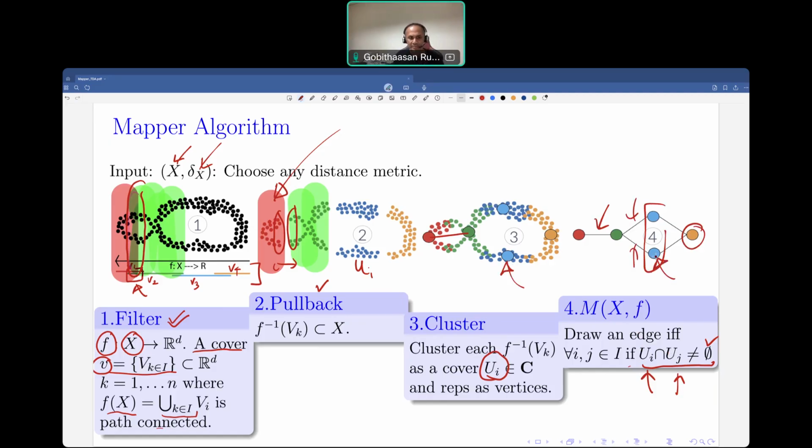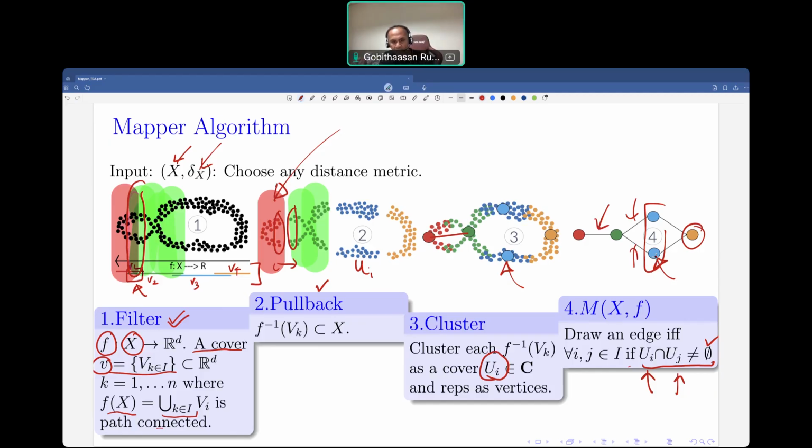So these are the 4 steps. First is the filter function. You choose the right filter function that you think would be able to discriminate or illustrate the pattern of your data. Second is the pullback, right? For every single cover, it's going to have a pullback, which is now from V, we get UIs.